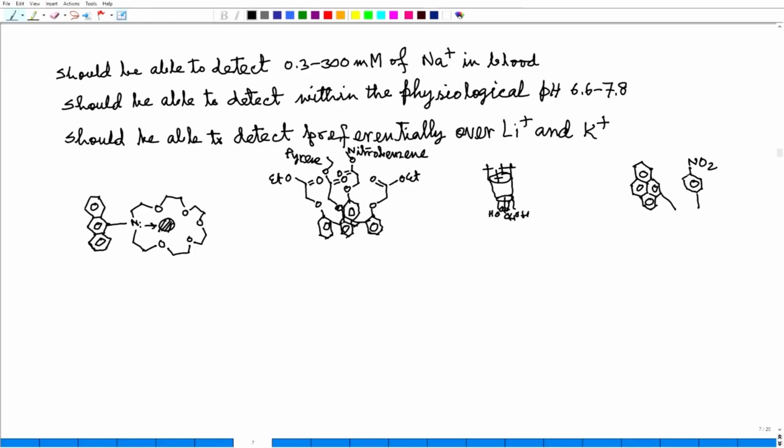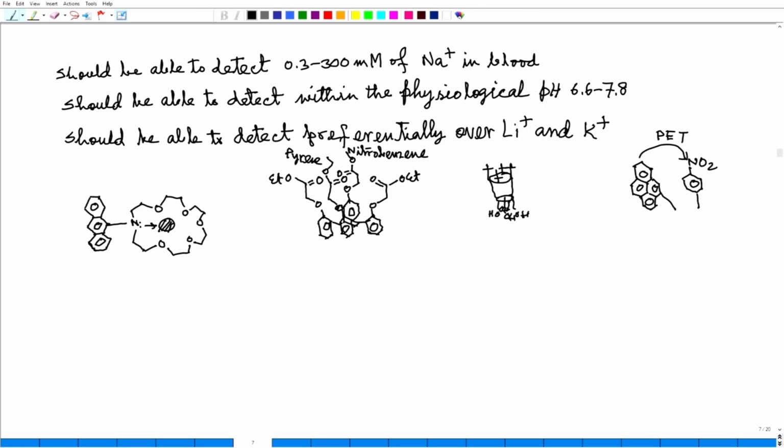If they come close to each other, pyrene is my fluorophore. So, if I excite my fluorophore, pyrene will be excited, but since the nitro group is close by, there will be PET. So, PET on, fluorescence gone.